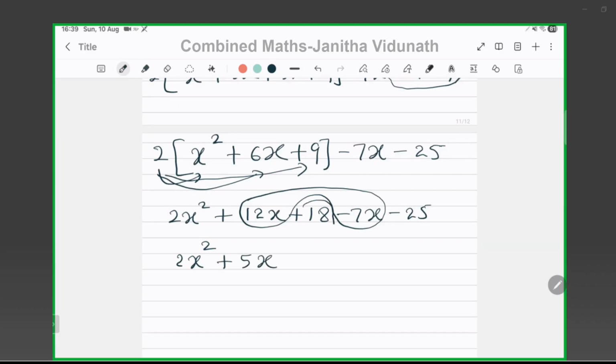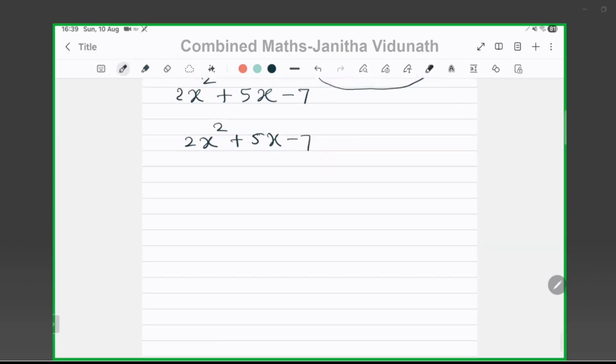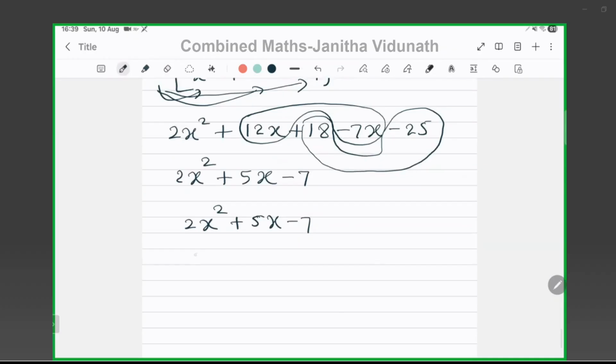Then plus 18 and minus 25 is minus 7. Then we need to find the factors of this. Using our shortcut method, we get x square plus 5x minus 14.